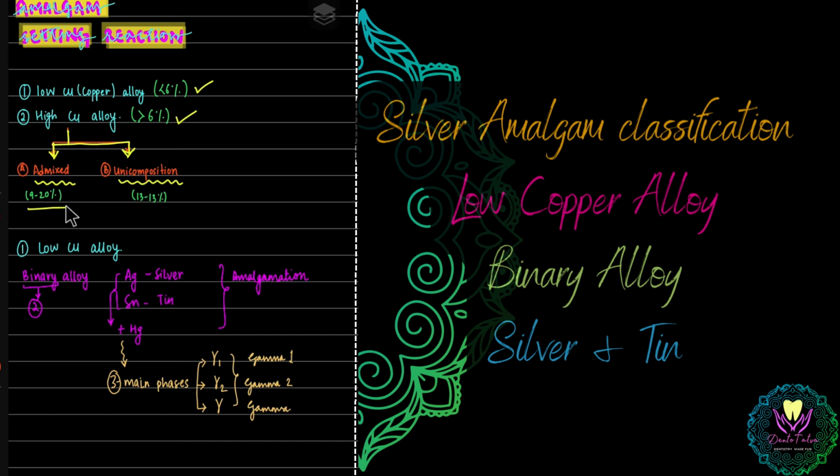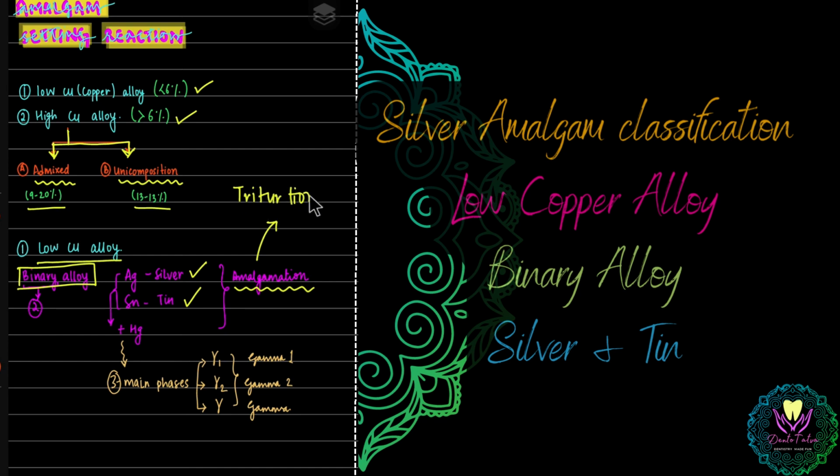Now in case of low copper, the percentage is so negligible that when the amalgamation reaction occurs, when you triturate the silver amalgam, the silver particles along with the mercury, the copper is so negligible that it doesn't participate in the reaction.